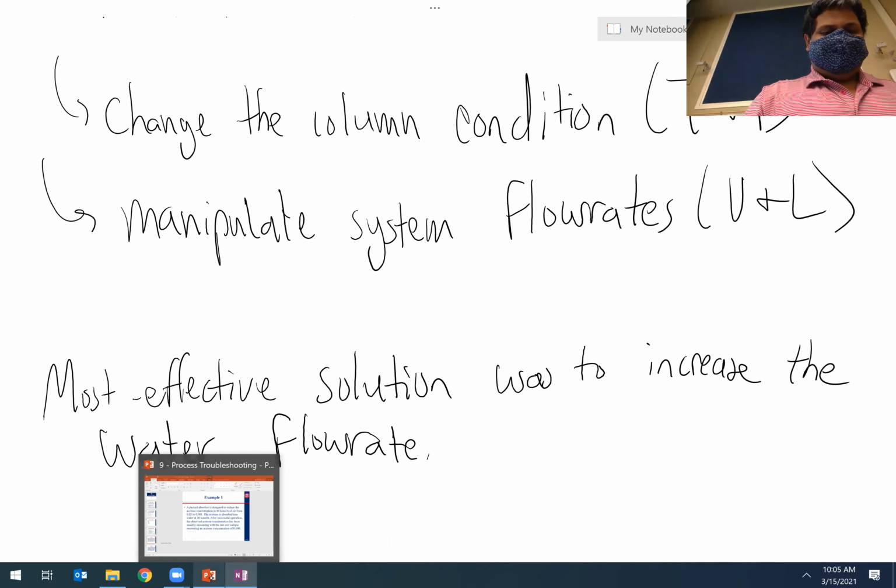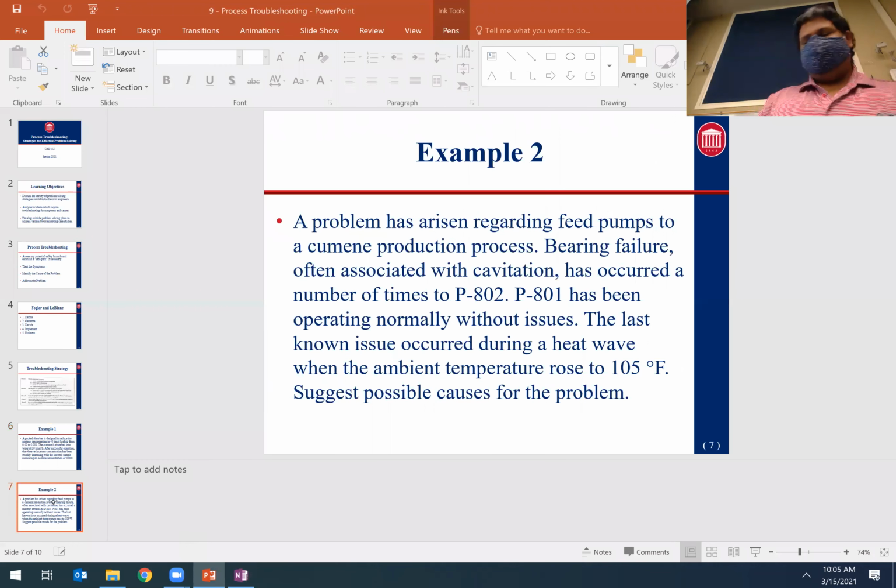All right, so let's take a look at a few more today, starting with this one. We have a problem associated with feed pumps to a cumulative production process, where we notice that bearing failure is occurring on P802, with P801 having been operating normally without issues.